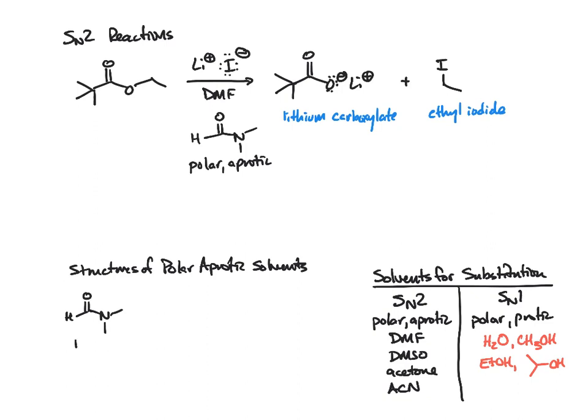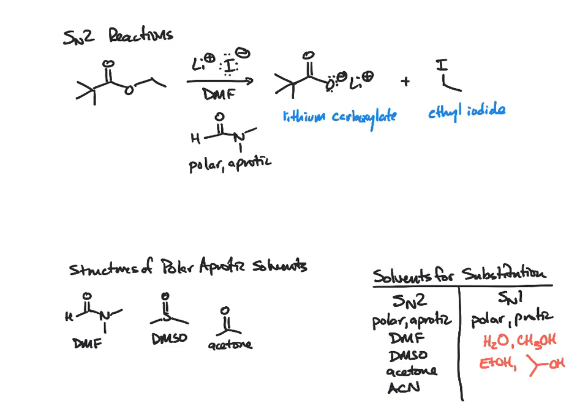So there's DMF. That stands for dimethylformamide. The functional group there is an amide. DMSO stands for dimethyl sulfoxide. Acetone is 2-propanone, so that's a ketone.